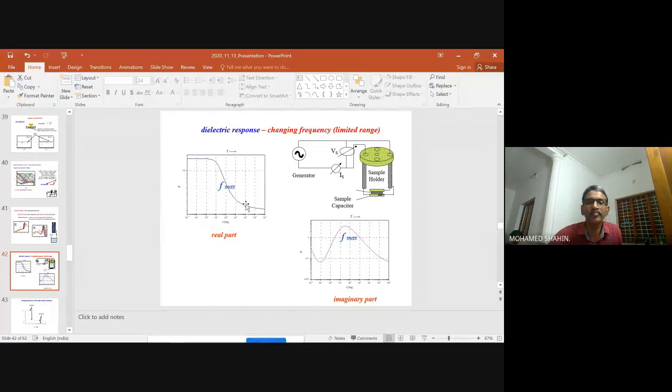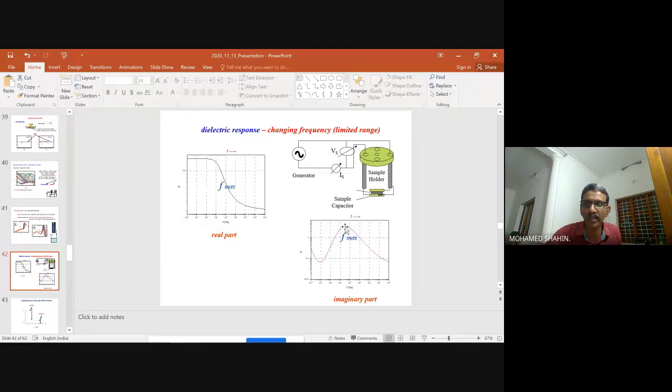At a particular temperature the response would be like this, and we said that it is epsilon infinity on the lower side, or the high frequency side, and this is the low frequency limit, and the difference between the high and low is the dielectric strength. And this is the imaginary part, also called loss.